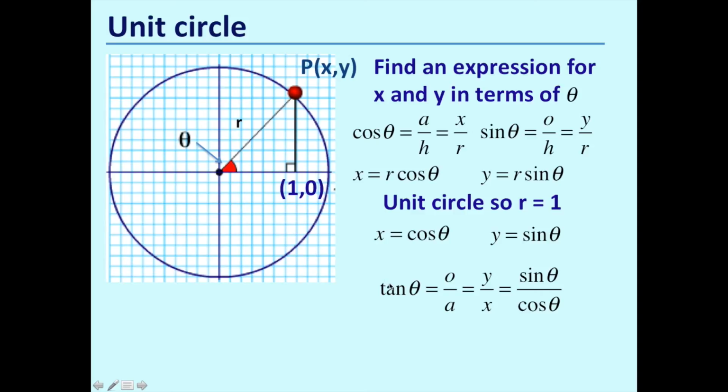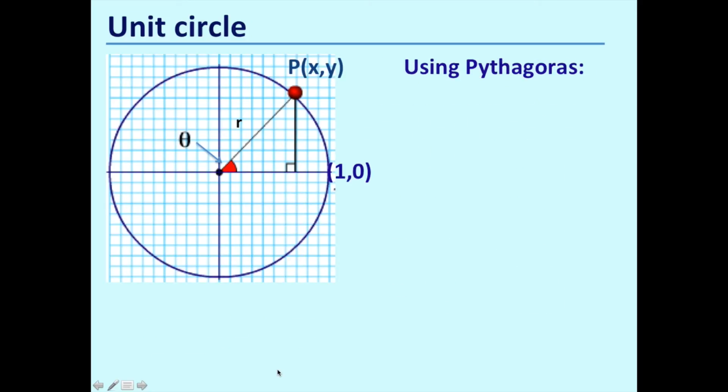To find tan theta, we know that that would be opposite over adjacent, or y over x, and we've already seen that y is sine theta over x, which is cos theta. So again, we're seeing this relationship, tan theta equals sine theta over cos theta. So for any point, anywhere on this circumference, we will know that the x-coordinate will tell us the cosine of the angle, and the y-coordinate will tell us the sine of the angle.